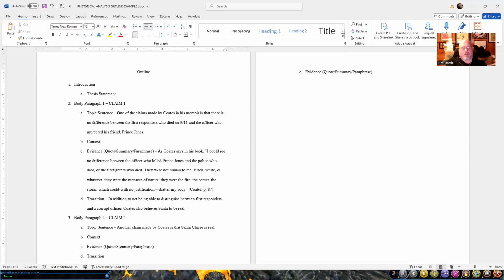So one of the claims made by Coates in his memoir is that there was no difference between the first responders who died on 9/11 and the officer who murdered his friend, Prince Jones. Okay.